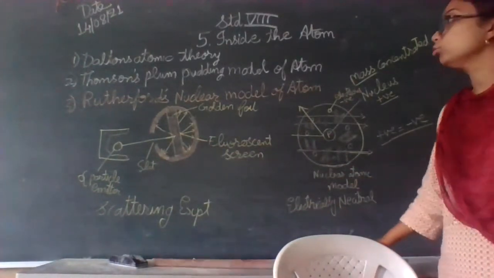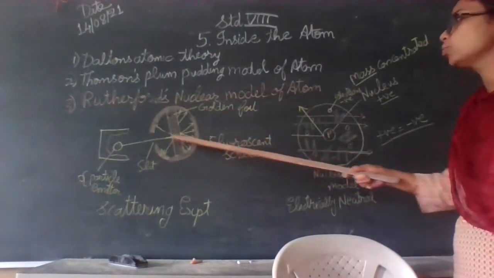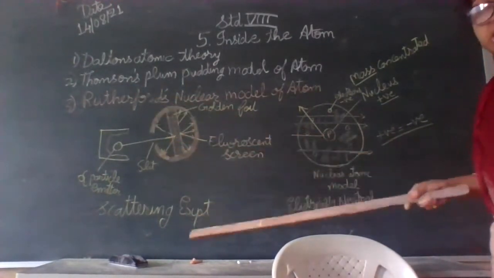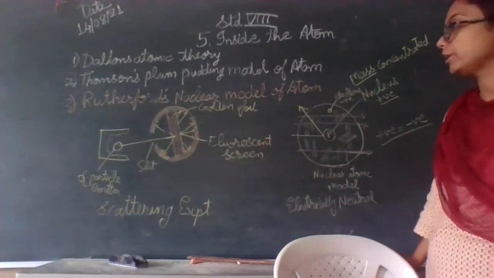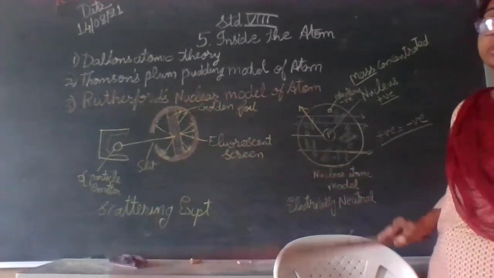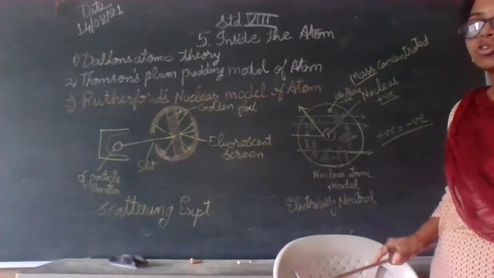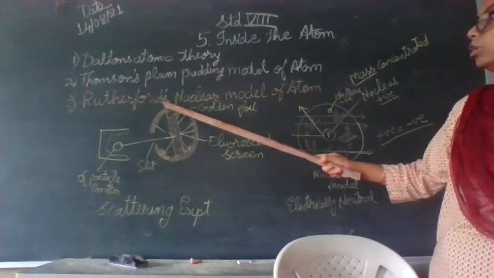But according to Thomson, in that case all the rays should have gone straight away in the opposite direction, because according to Thomson, all the positive charge is equally distributed in the atom. But that was wrong according to Rutherford.